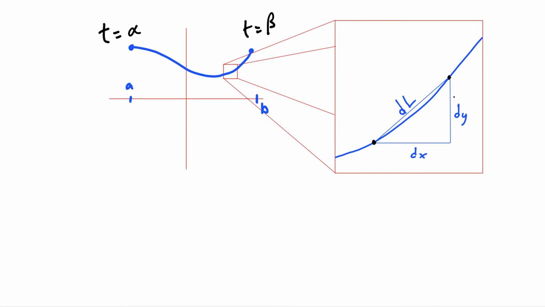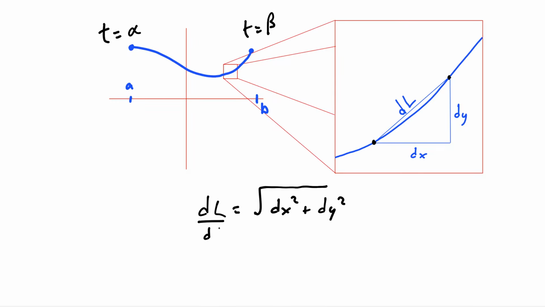If we focus on one small portion of the curve, we can think of a small length of the curve as being approximately equal to a straight line. The x distance is a small change in x that we call dx, the y distance a small change in y that we call dy. So in order to find this length dl, we can use Pythagorean's theorem. dl equals the square root of dx squared plus dy squared.